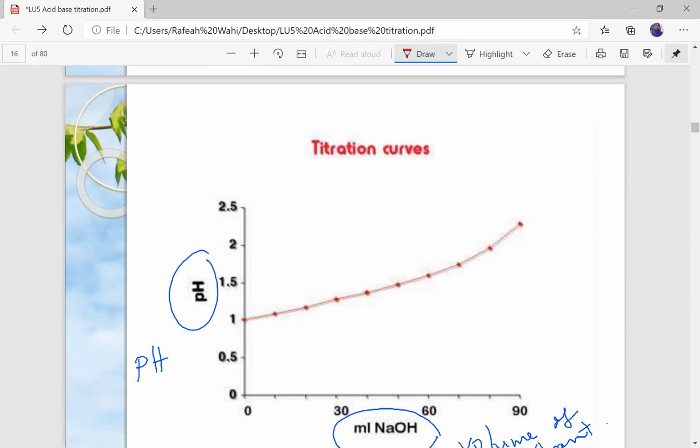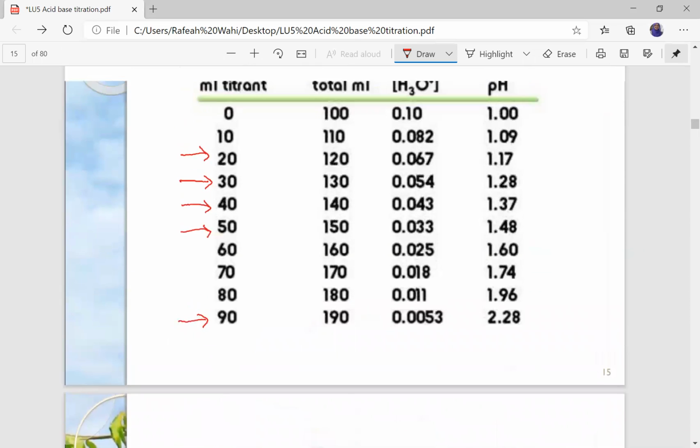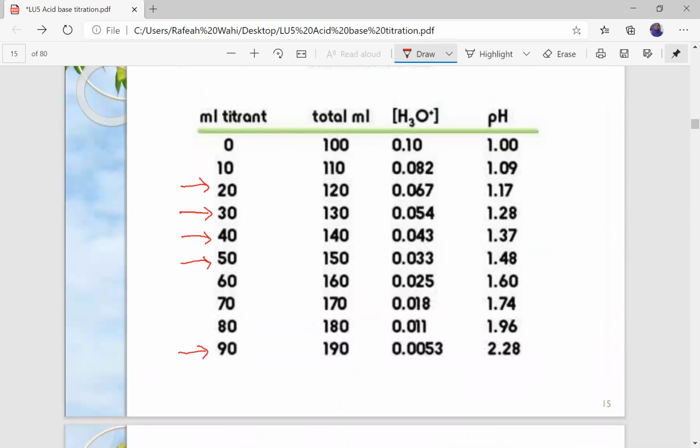Before that, if you plot the titration curve using the data from this table, you calculate the total volume. This is the total volume, this is the concentration of excess hydronium ion, and this is the pH calculated from the excess hydronium ion.